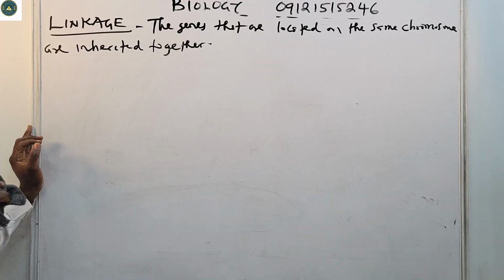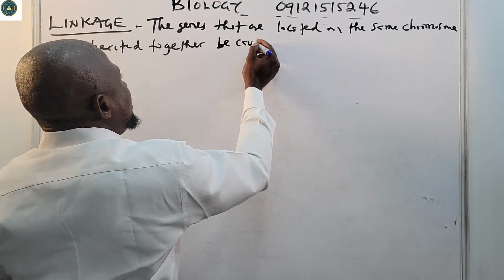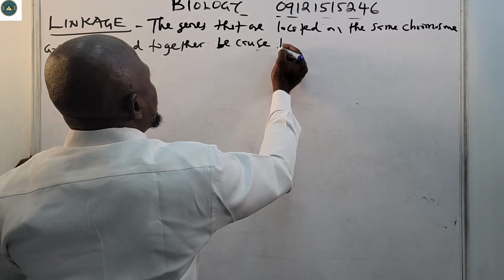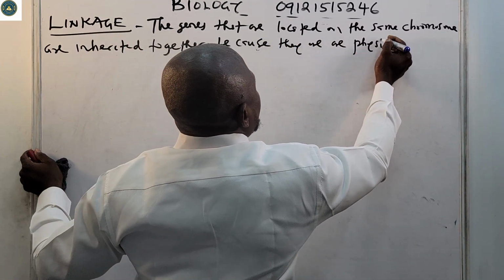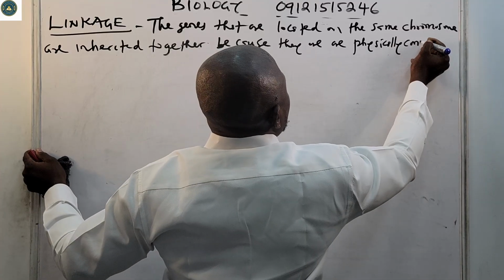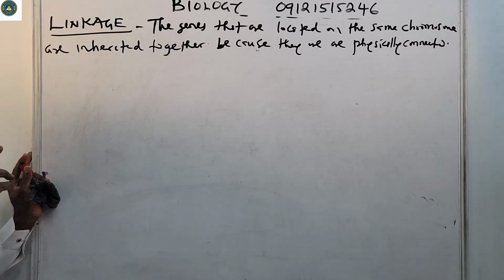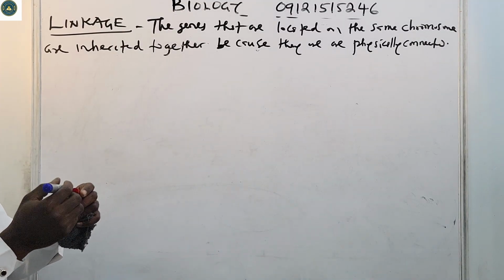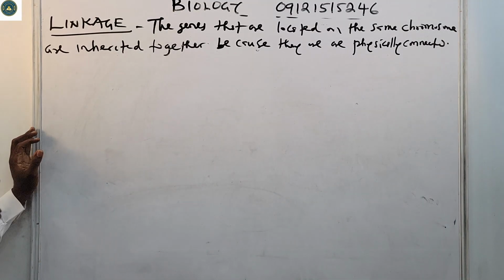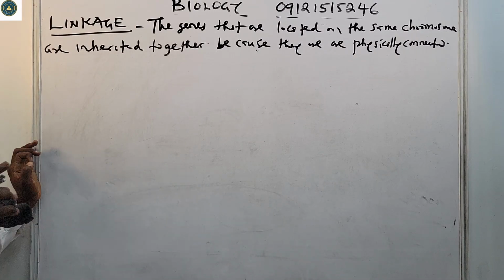Why would they be inherited together? Because they are physically connected. It means that if two genes are on the same chromosome, they will be inherited together.